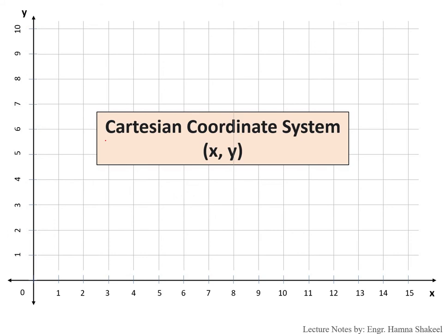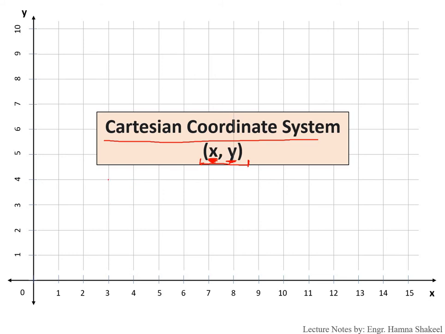Let's start with Cartesian coordinate system. In two-dimensional plane, the position of a point is defined by two numerical values, x and y. X is the distance of a point from a vertical reference plane in the horizontal direction, and y is the distance of a point from horizontal reference axis in the vertical direction.